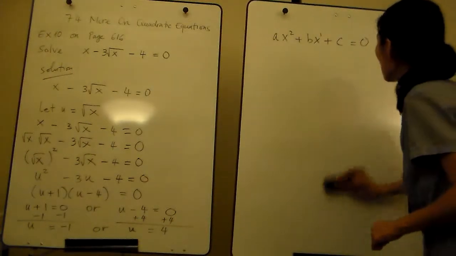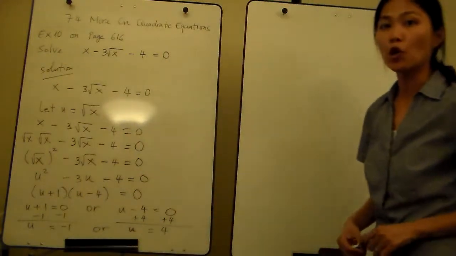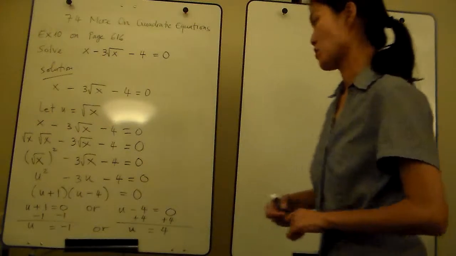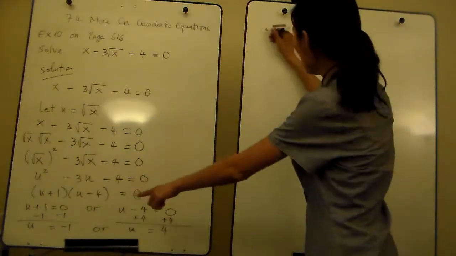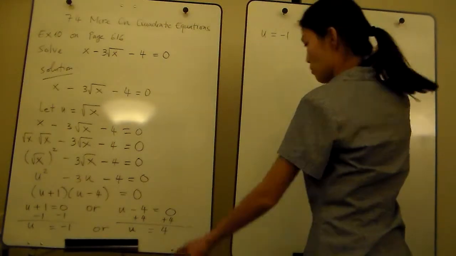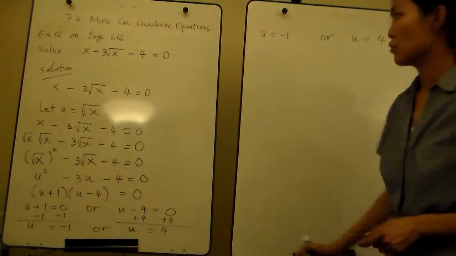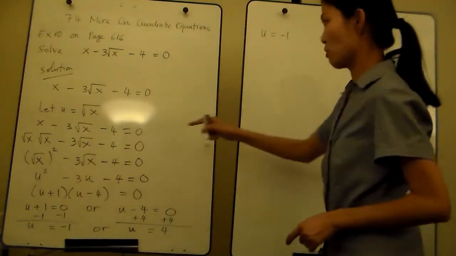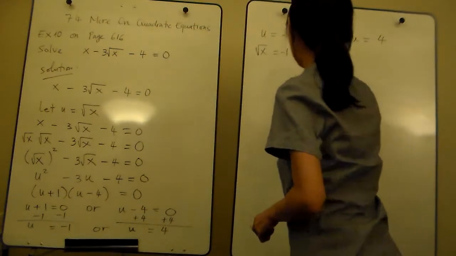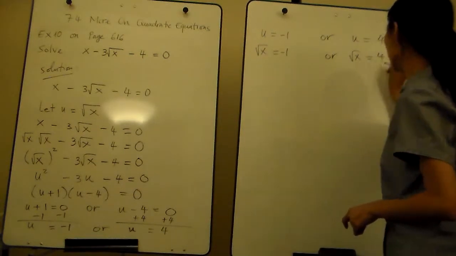Now, we're given the equation in terms of x, not u. So make sure you know that you're not done yet. Make sure you convert u to x. We're given here u is equal to negative 1 or u is equal to 4, and we know that u is equal to square root of x. So replace square root of x for u: square root of x equal to negative 1 or square root of x equal to 4.